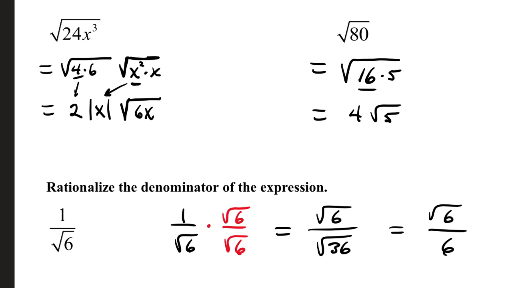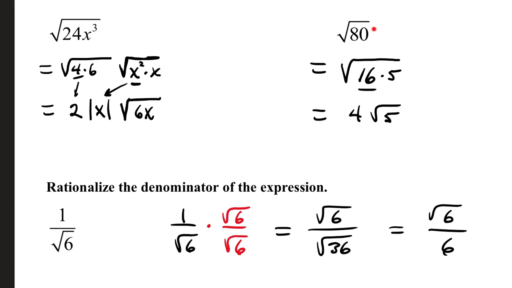But anyway, long story short, 24 is 4 times 6. Square root the 4, leave the 6 behind. Rewrite x cubed as x squared times x to the first. X to the 2 divided by 2 becomes x to the first, but because we went from even to odd, put absolute value around it, and then this little single x just stays underneath.